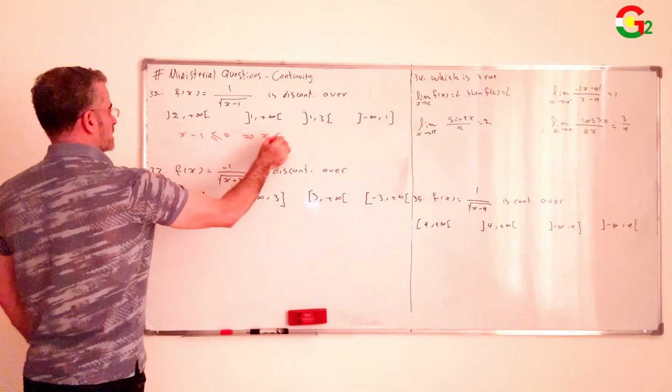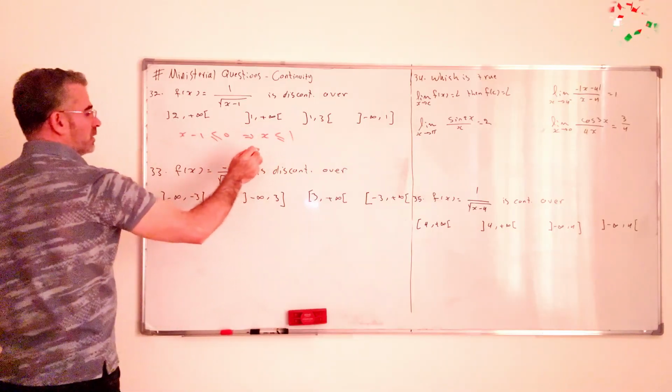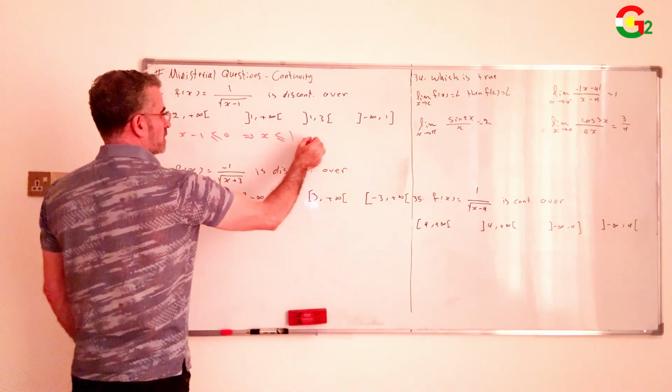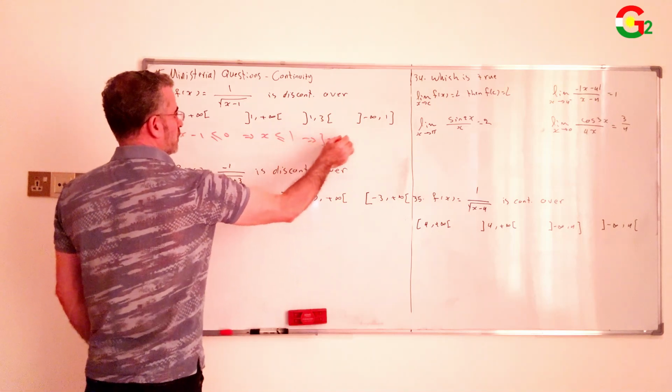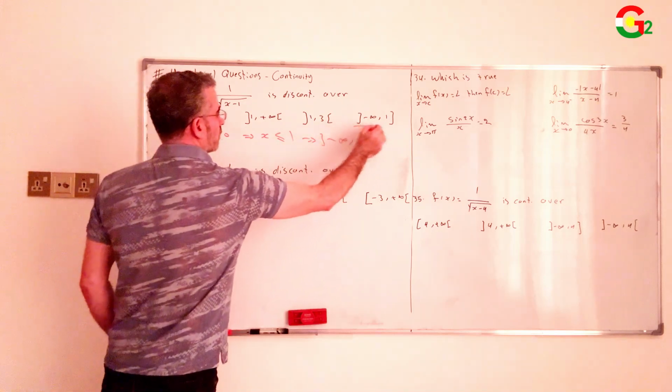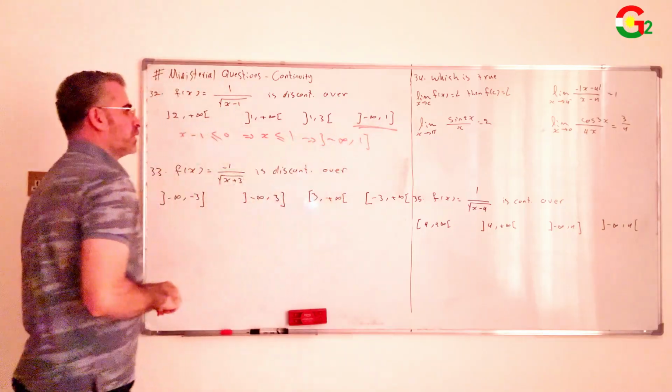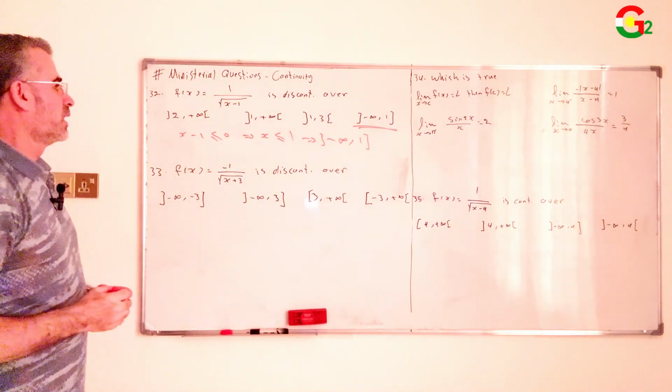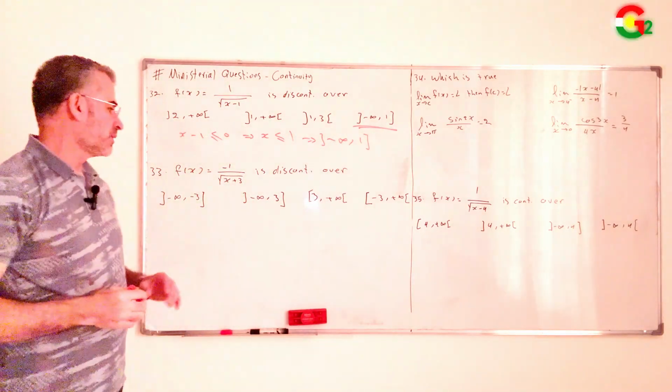That means x less than or equal to 1, it is negative infinity to 1, closed interval at 1, open from negative infinity. The right choice is D.